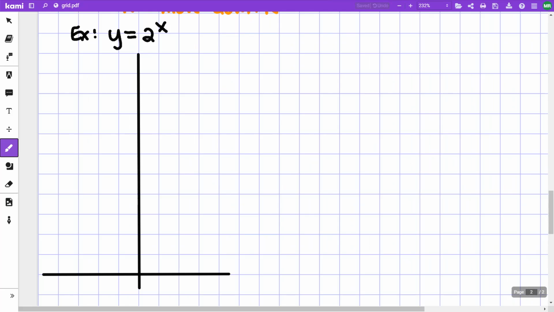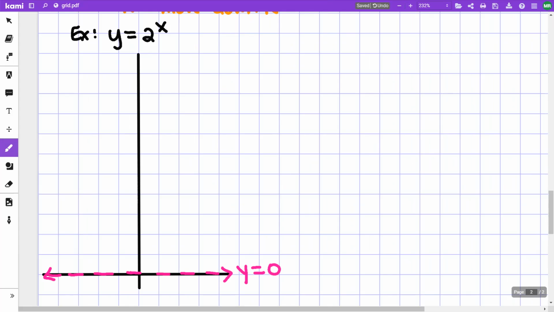Now, we're going to have an asymptote, and our asymptote is a line that the graph gets closer and closer to. The asymptote is actually going to be right here on the x-axis, and the equation of that is y equals 0.